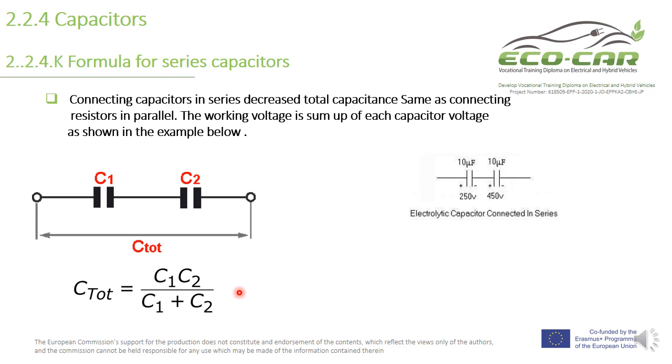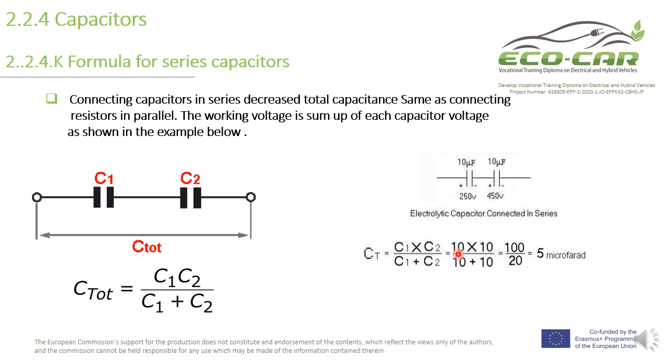For example, we have two capacitors. One is 10 microfarad, this is polarized, and the other is 10 microfarad. This capacitor is for 50 volt. This is the working voltage of this capacitor.